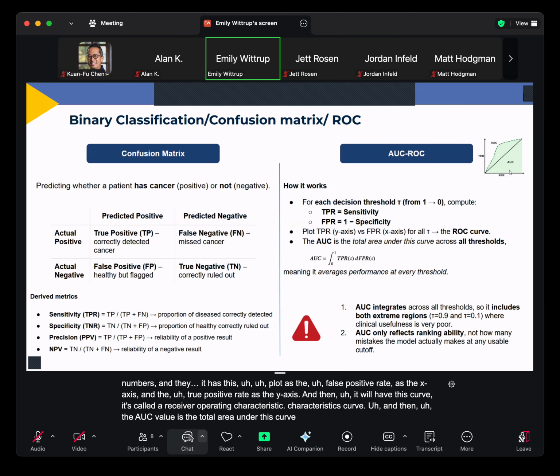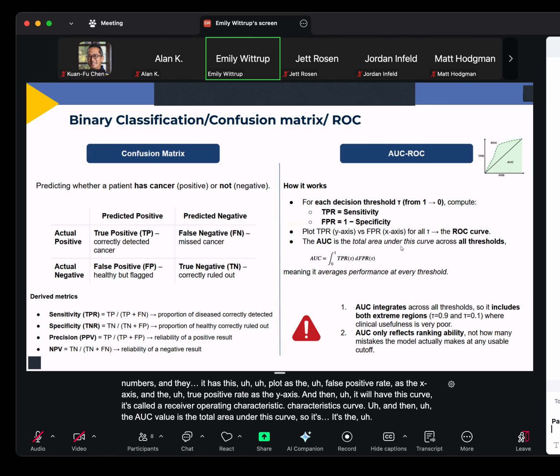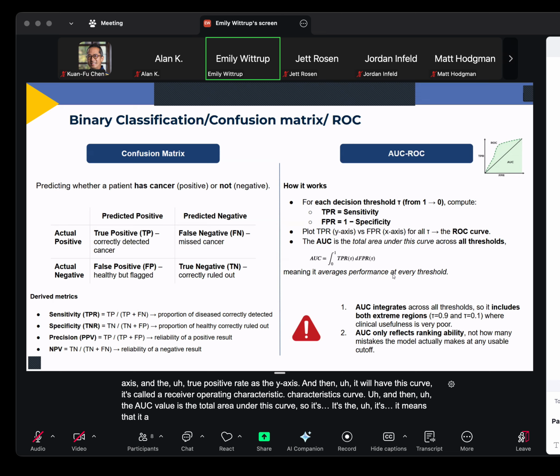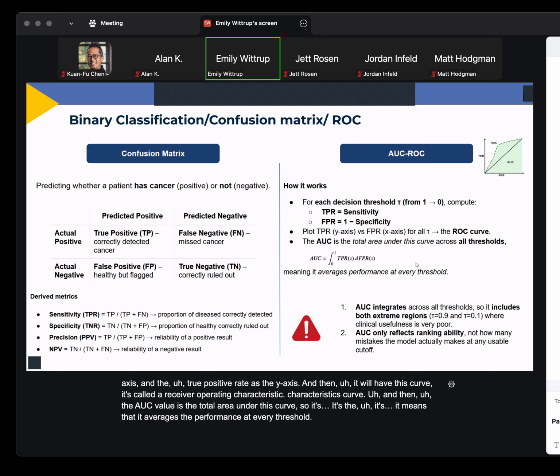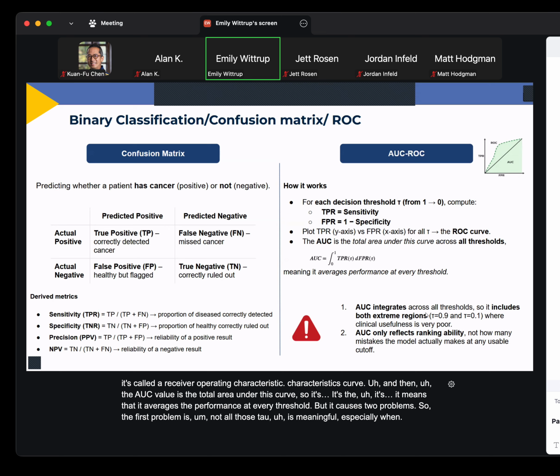So it means that it averages the performance at every threshold. But this causes two problems. The first problem is that not all tau are meaningful, especially extreme values.